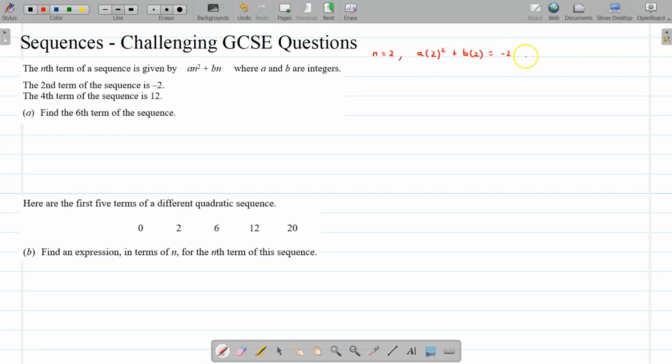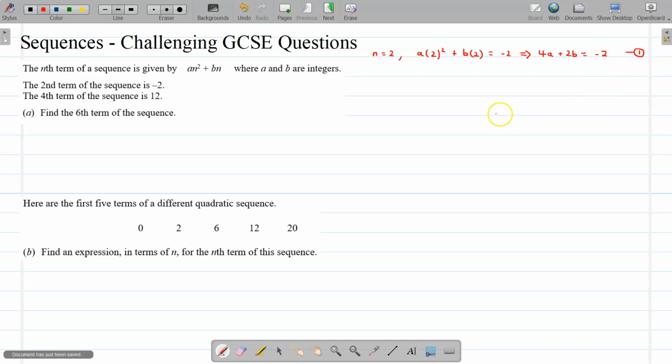If we simplify that a little bit, we get 4a plus 2b equals -2. And that's an equation linking a and b. We don't know what a and b are from that because there could be any number of possibilities at this point. So I'm going to call that equation 1.